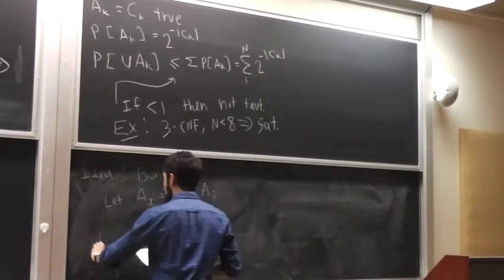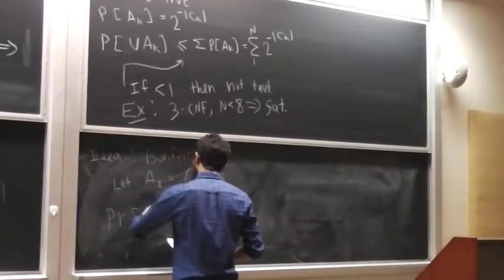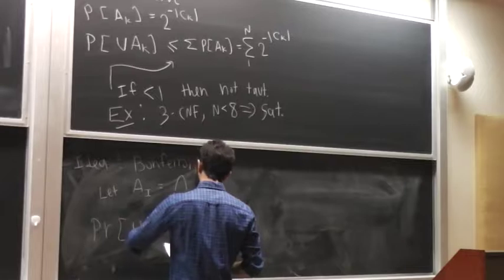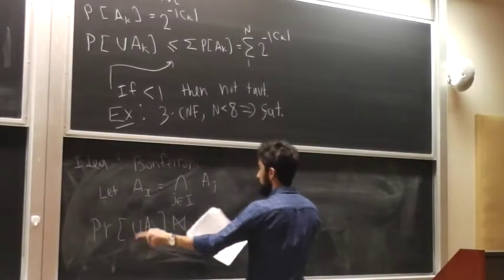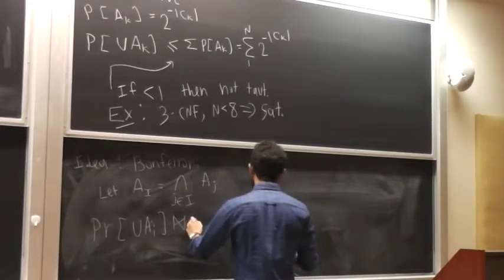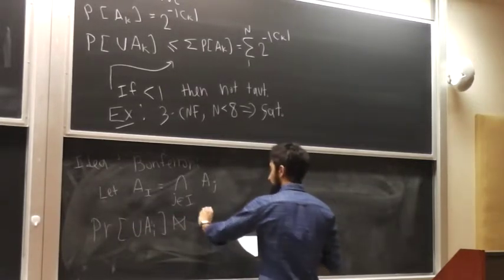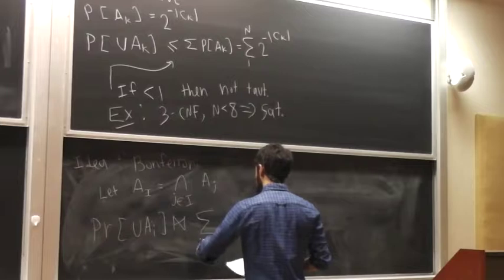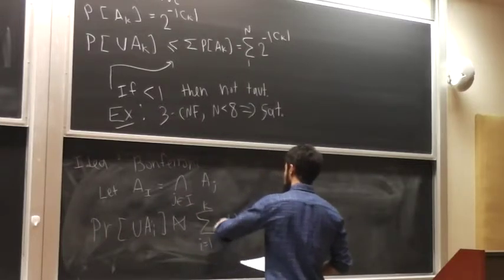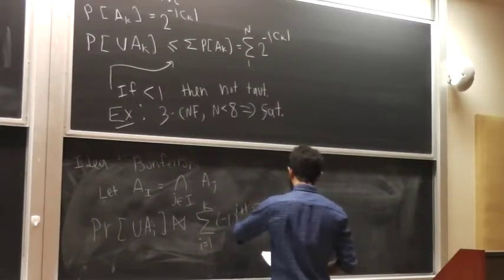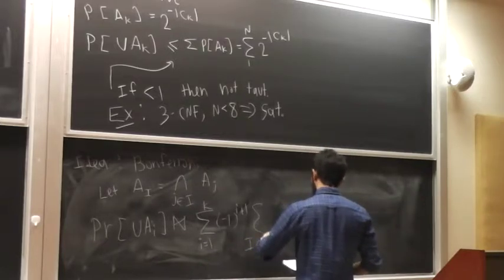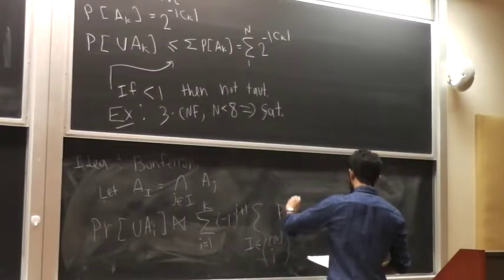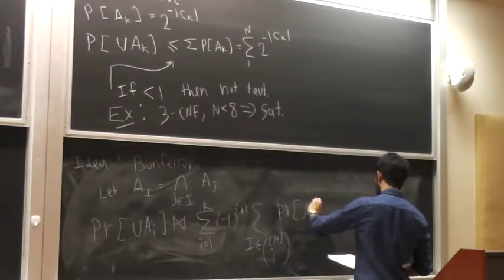Then we have that the probability of the union of the A sub I is, I'm going to use this symbol because it could be less than or equal or greater than or equal depending on if it's odd or even, the sum from I equals 1 to k, negative 1 to the I plus 1, sum over capital I subsets of capital N of size I, probability of A sub capital I.